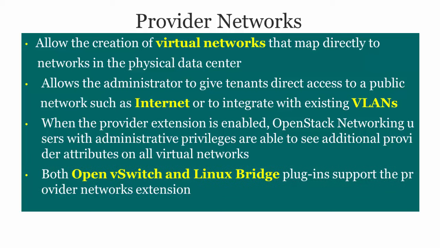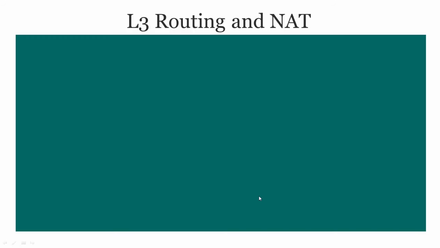For provider networks, we can use OpenvSwitch and Linux Bridge. These plugins can support the provider network extensions. In this video, I already told you that for the provider network creation, I will use OpenvSwitch.